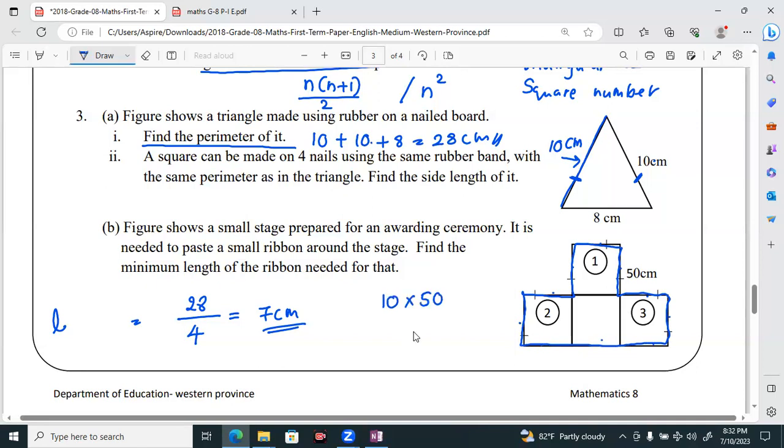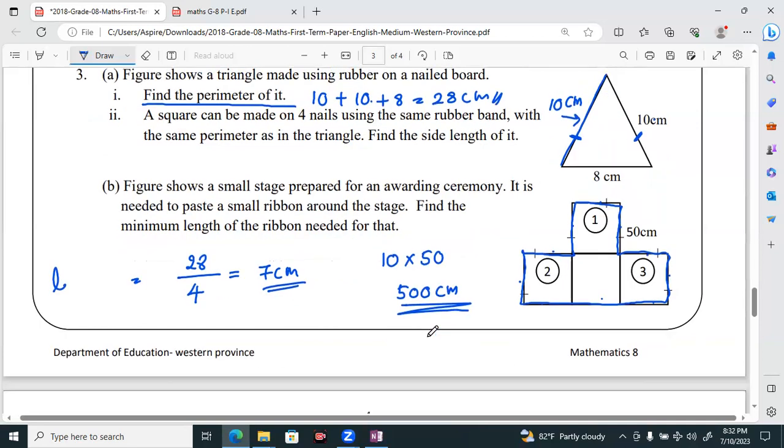That means 500 centimeters of ribbon is needed to paste around this stage. Okay.